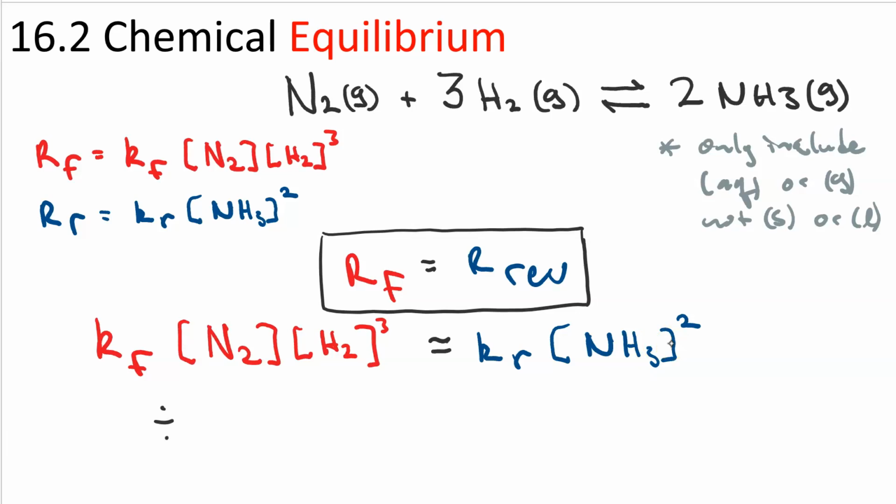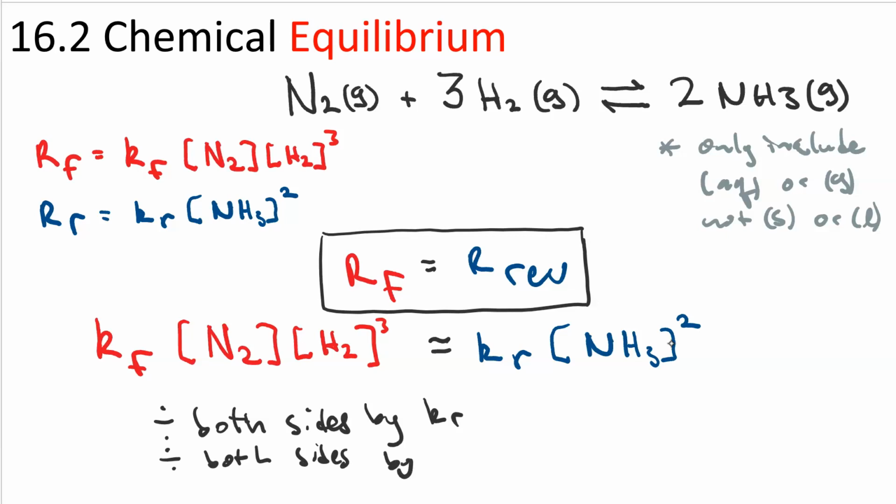Now we're going to divide both sides by Kr, and then we're going to divide both sides by concentration of N2 times the concentration of H2 cubed.